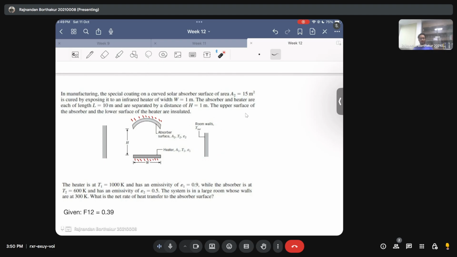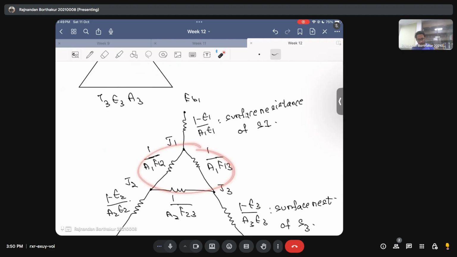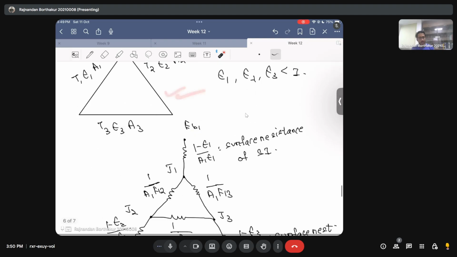And given that there are no radiation losses from the upper surface of the absorber and the lower surface of the heater, this is going to be precisely a three body enclosure problem that we'll be dealing with, which we have kind of discussed in this particular example.